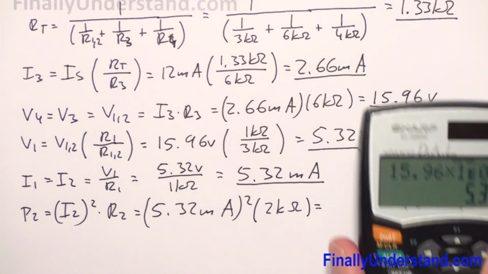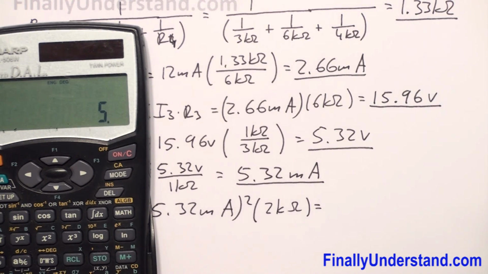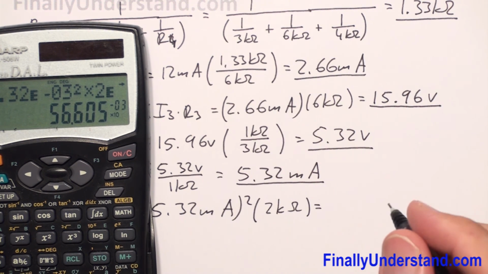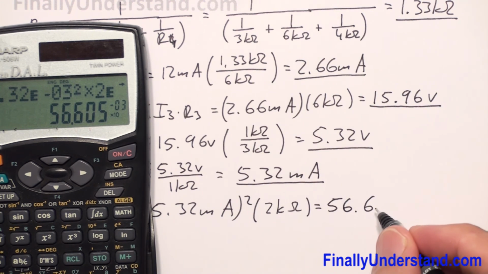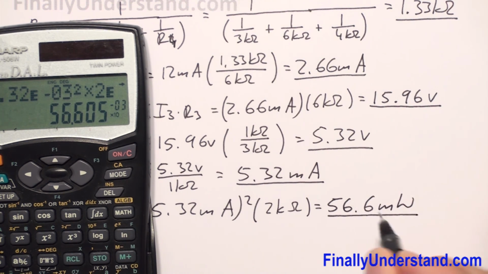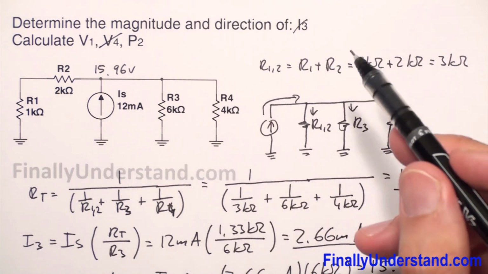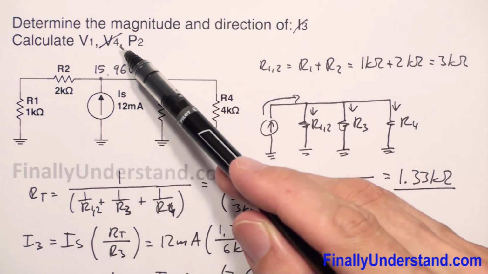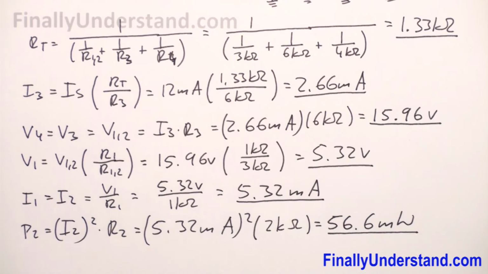This is equal to 5.32 times 10^-3 to the second power times 2 times 10^3 equals 56.6 milliwatts. Again, let's take a look at what the problem was asking us for. We found I3, we found V1, we found V4, we found P2, so we can say that the problem is solved.